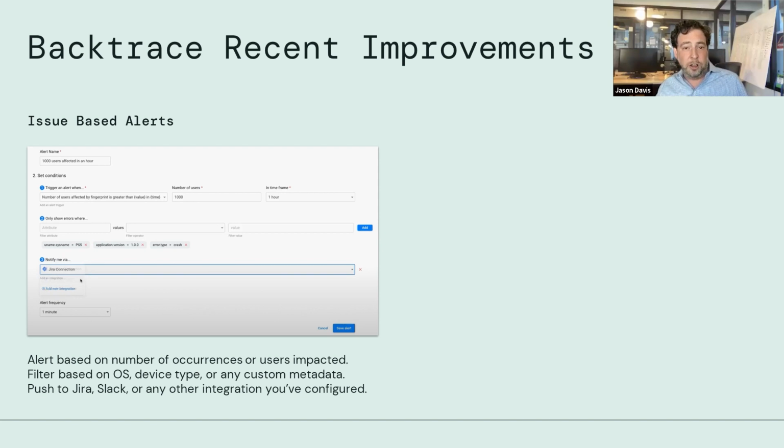Issue-based alerts here allow people to customize when alerts are driven to things like Slack or Jira based on the number of times things occur or the number of users impacted during a certain time period. So if you want to know when a new version of your app is released, if it impacts more than 50 users in 10 minutes, send a notification. This is a new capability, one of the commonly requested ones that we're seeing a lot of uptake in.